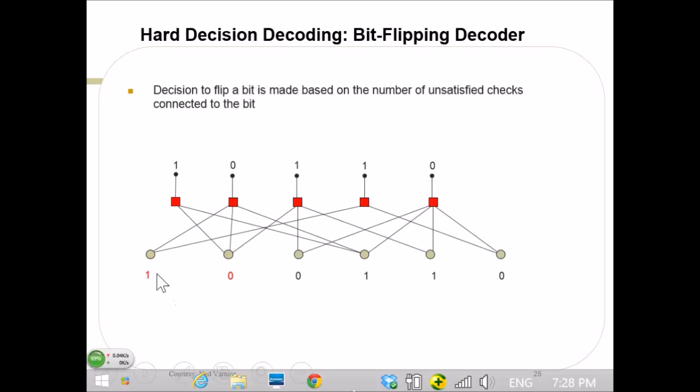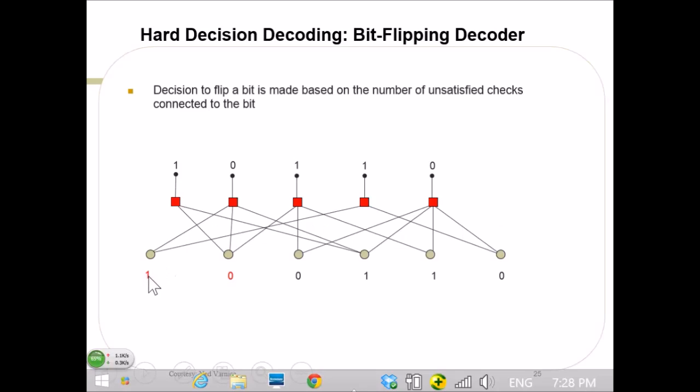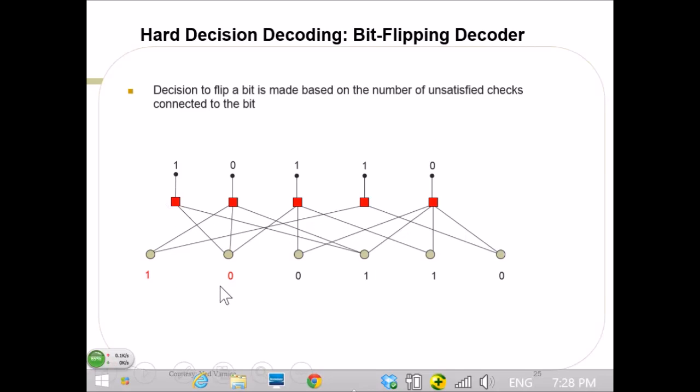Now say for instance, instead of receiving 0 1 0 1 1 0, you received an error on this point. Instead of 0 1 on the first 2 bits you received 1 0. So there are 2 errors in these 6 bits.